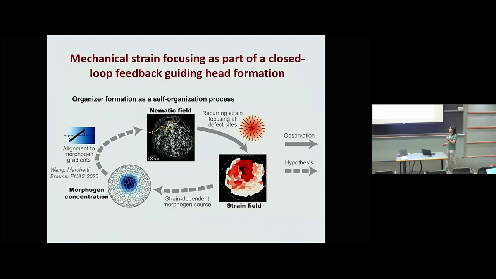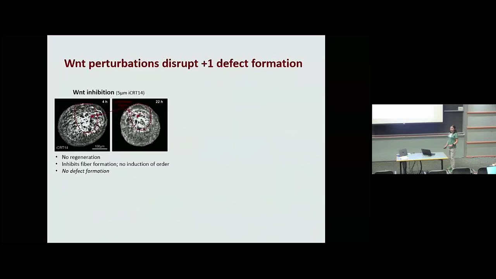In response to that, the fibers tend to align with the gradient of the morphogen. This was proposed as well by Friedhoff and Christina recently, and it leads to a reinforcement of the strain focusing, leading to positive feedback. Experimentally, we can investigate this by trying to perturb the molecules that are involved in head formation.